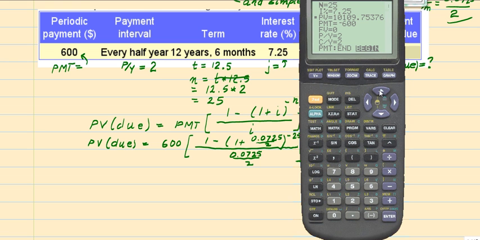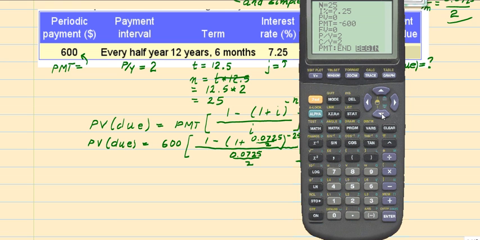So we have 25 for N, 3.625 for I, and then present value is 0. Payment is $600, so that's negative, so use negative 600.